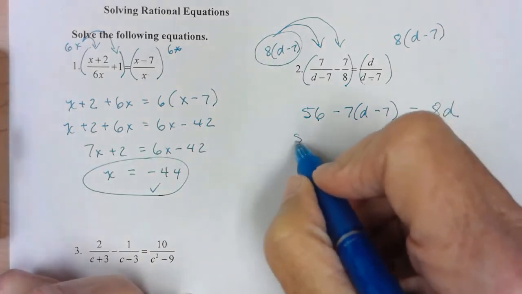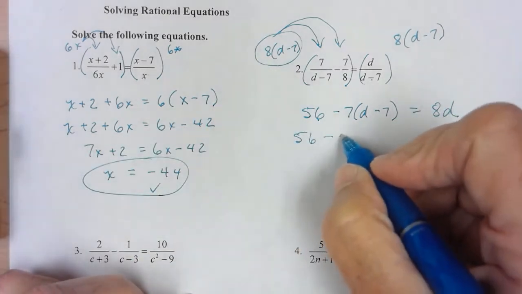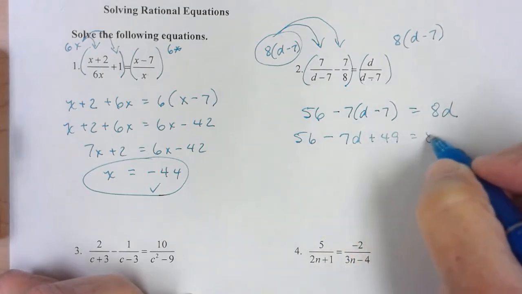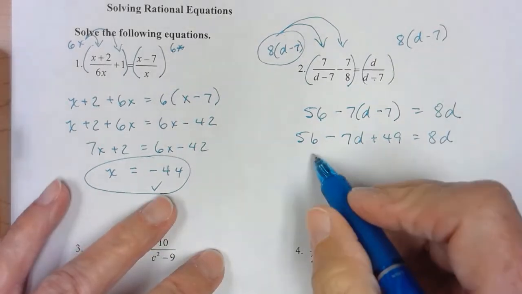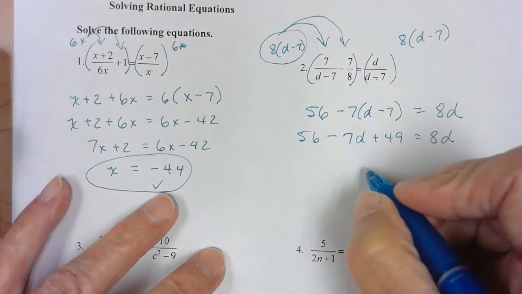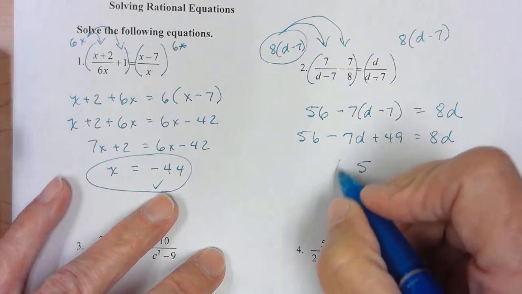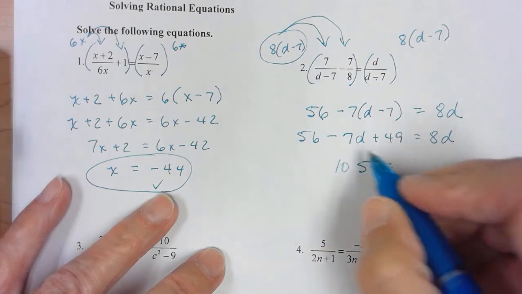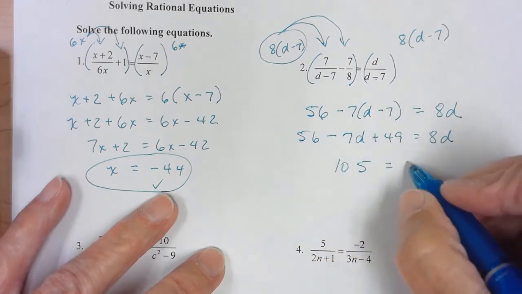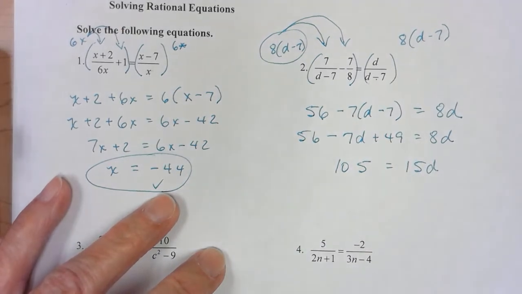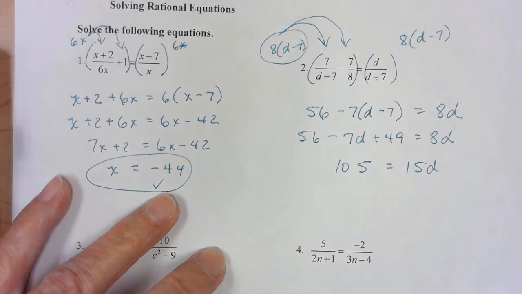So I've got parentheses, let me distribute. So 56 plus 49, let's see, 15, is that 105? Add 7d. I've got my calculator to my side.